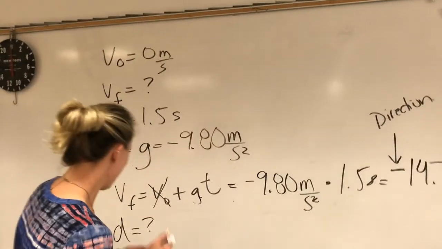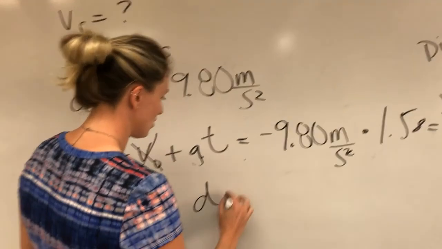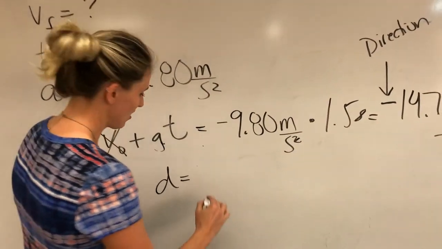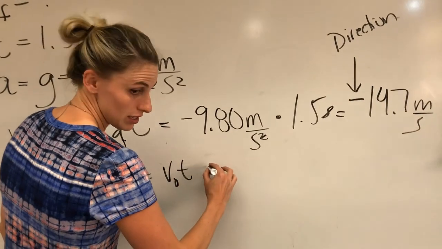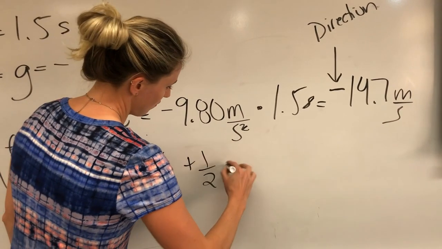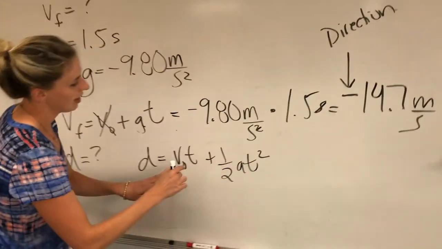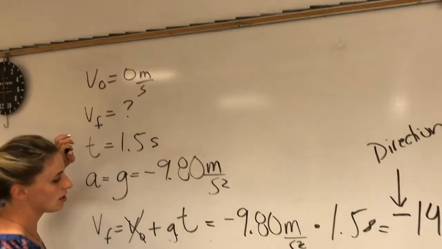Okay, so D equals initial velocity times time plus 1/2 AT squared, and the first term is 0, so we just ignore it.